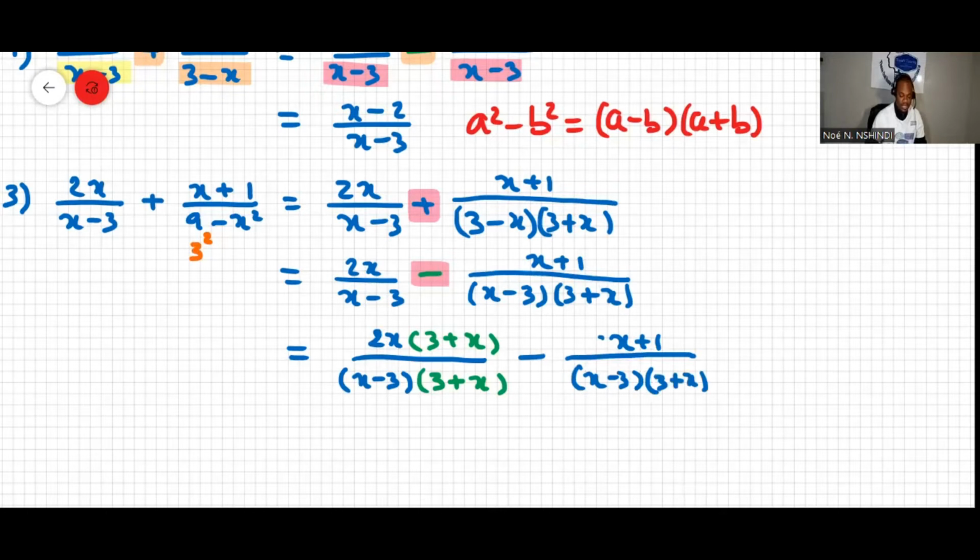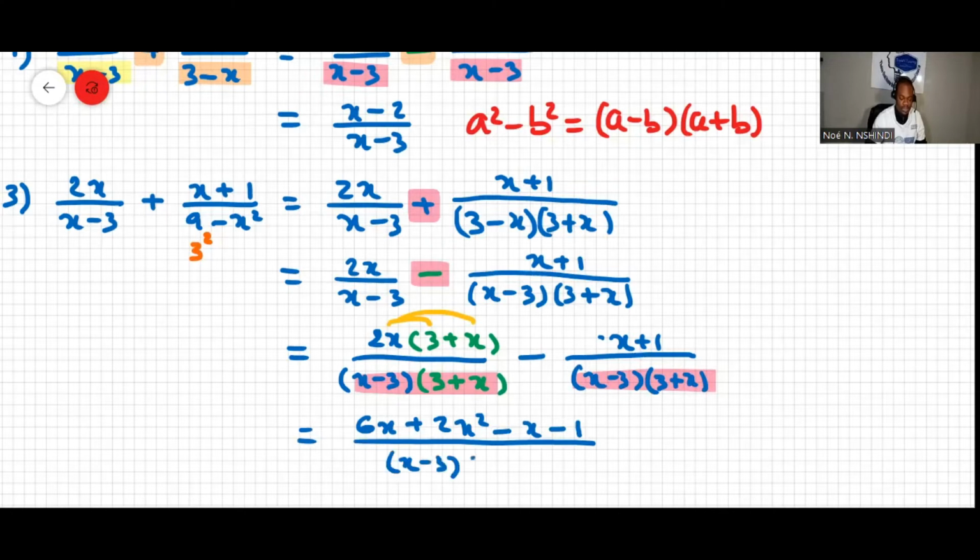Now that the denominators are common, we can just combine the numerators, and this would be 2x times 3, which is 6x, and then 2x times x, that makes plus 2x squared, minus x minus 1, okay, all over x minus 3 times 3 plus x, which is the same as x plus 3.